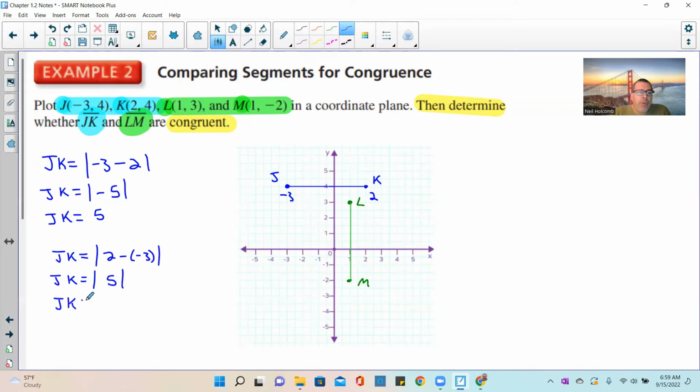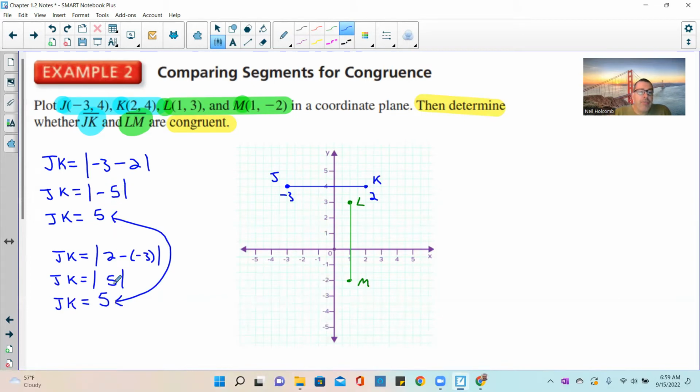Well, the absolute value of 5 is still 5. So as you can see, it does not matter which ends you put first or second. You're going to get the same value. One will be negative in the absolute value bracket, one will be positive, but when you take the absolute value, you'll get the same number on the number line, if you will, the same distance from 0.